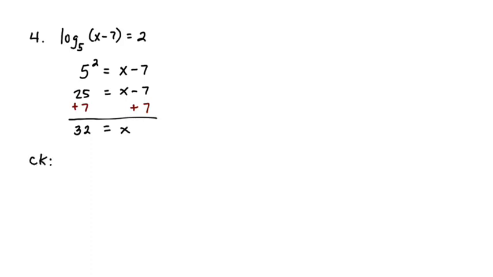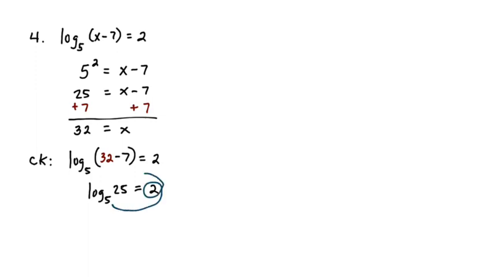So when we go to check this, it'll be the log base 5 of 32 minus 7 is equal to 2. Well, that's the log base 5 of 25 is equal to 2. And to check it, we'll just think of it this way. 5 squared is equal to 25. Well, of course, that's true. All right, so that one checks.